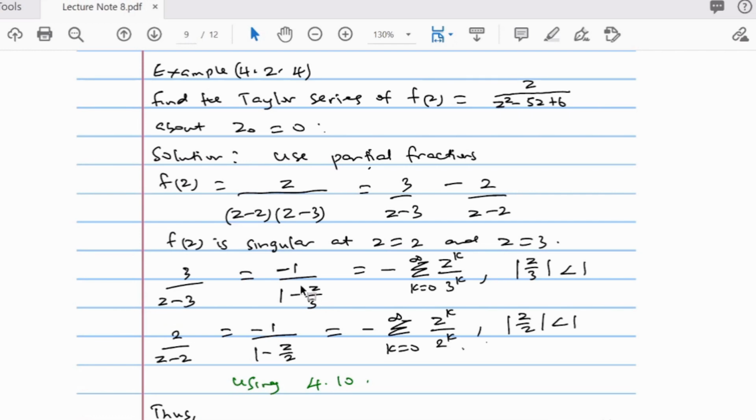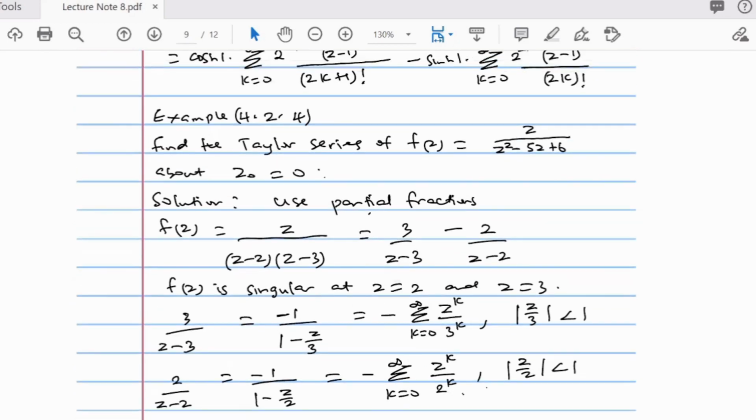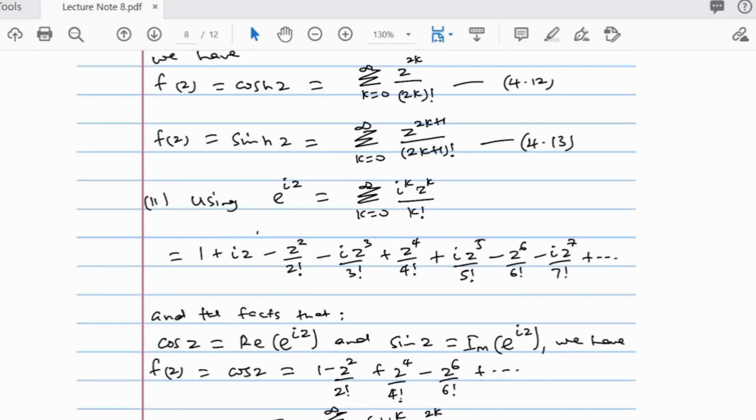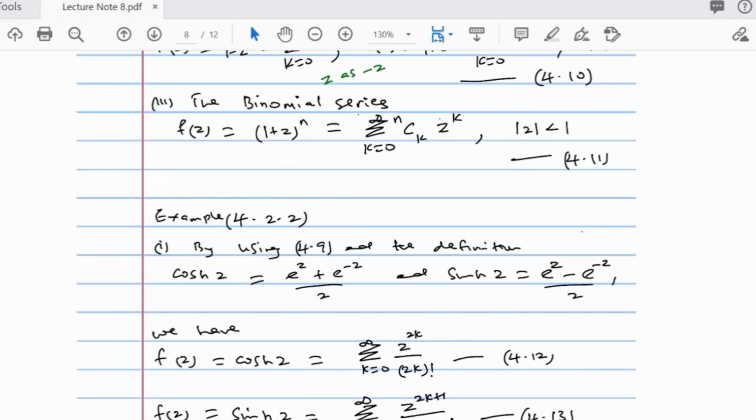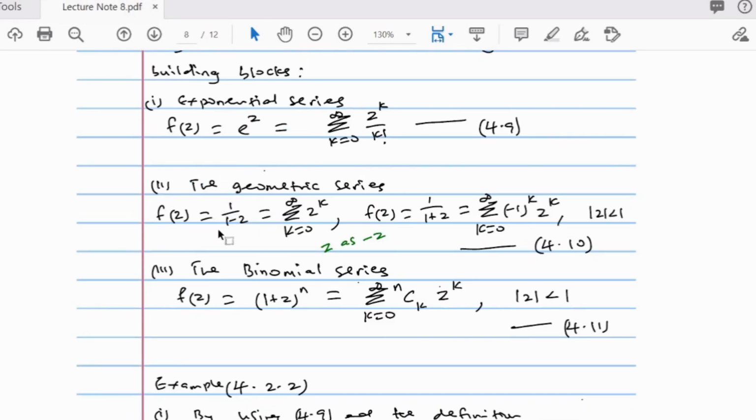Now look at this expansion that I have here, the expansion for 1 over 1 minus z. 1 over 1 minus z gives you the summation for k equal to 0 of z to the power k. So in that expansion, you just put your z as z over 3, then you are done. You replace your z here with z over 3.